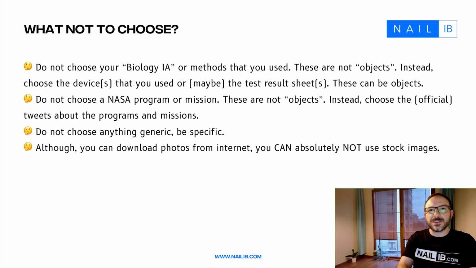Don't go to one of these stock images and search for a piano. If you want to use a piano, it should be someone's piano. It should be your piano. It should be some musician's piano. I don't know. It should be specific. Don't be generic.